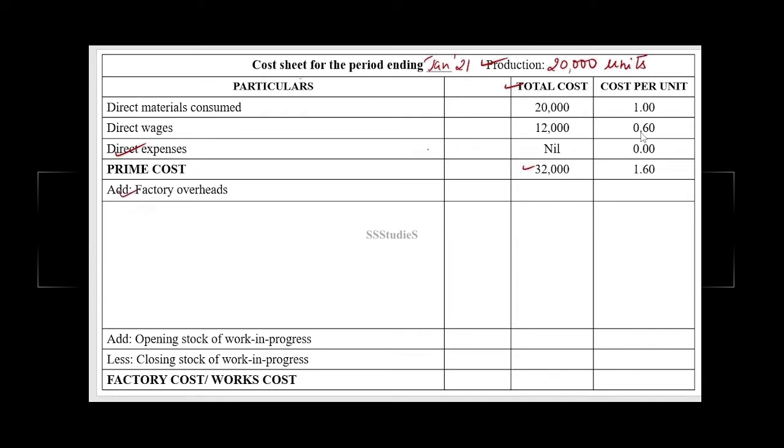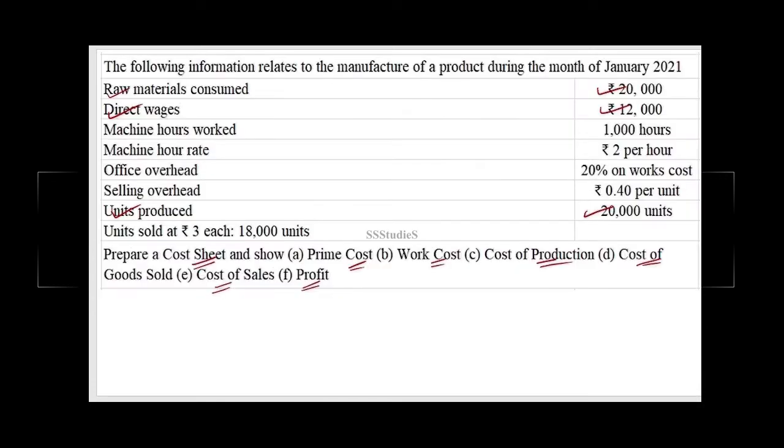Next, we need to add factory overheads. Relating to factory overheads, we have these two pieces of information. One is machine hours worked. We have 1,000 hours and machine hour rate is rupees 2 per hour.